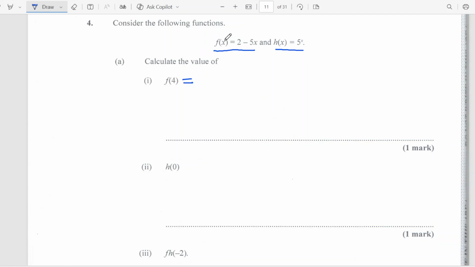So all you're doing is looking at the f function and replacing x with 4. So here will be 2 minus 5, and where x is, we put 4. 5 4s are 20. 2 take away 20 is negative 18.